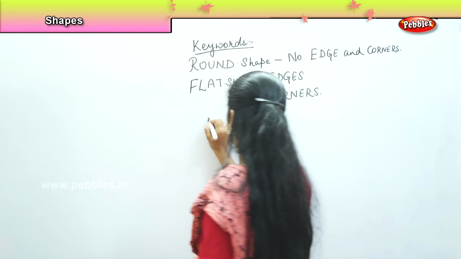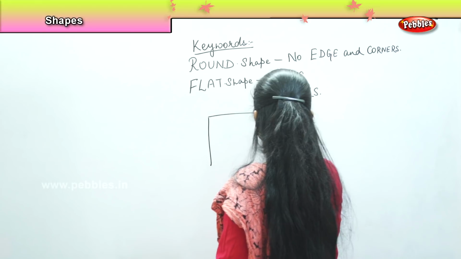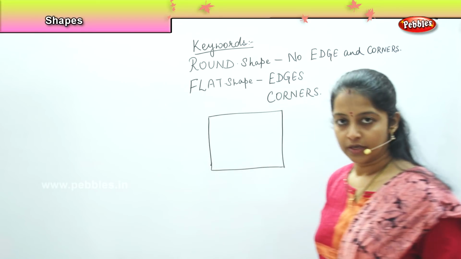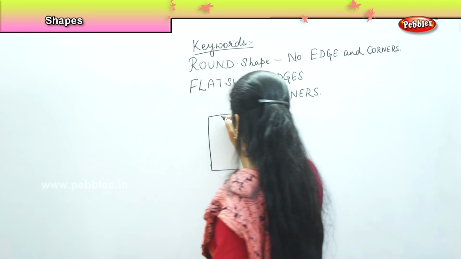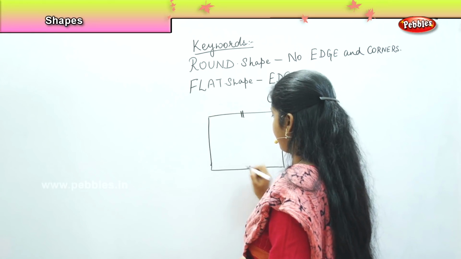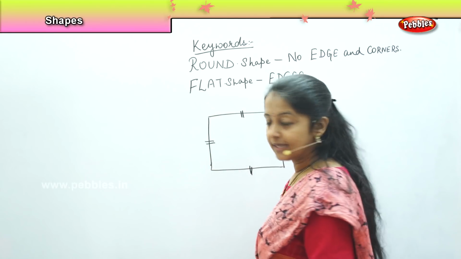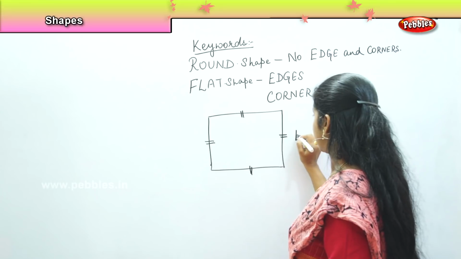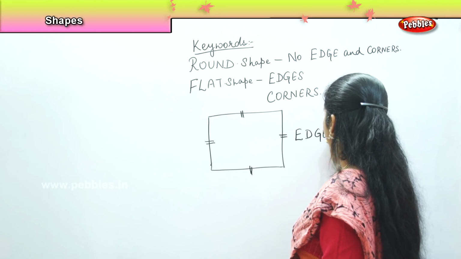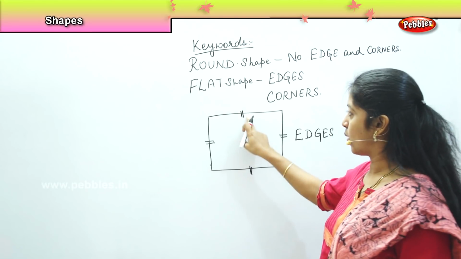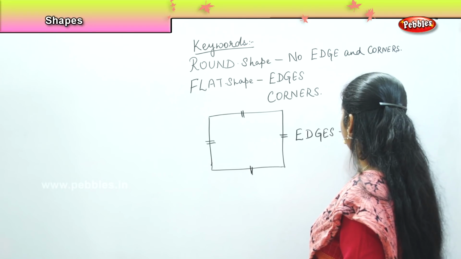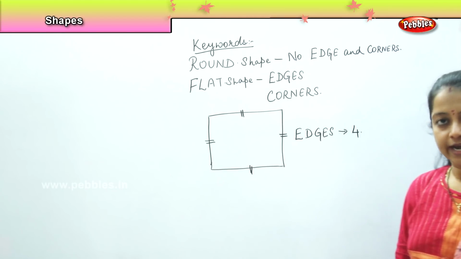I will take a big square. Right? Now, in this big square, this portion is my edge. How many edges does it have? 1, 2, 3 and 4. It has got 4 edges.